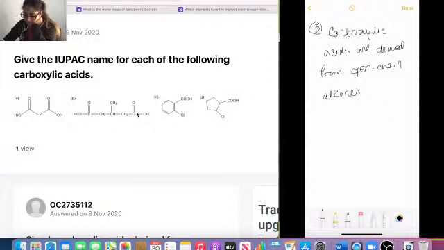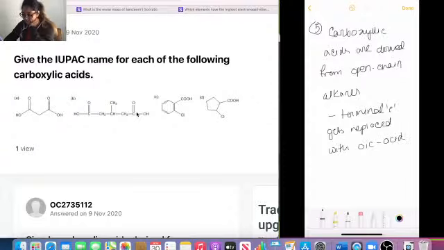If you have hexane or pentane or anything, it's the terminal E that gets replaced with oic acid. That's how you get your carboxylic acid, oic acid, basically, okay?